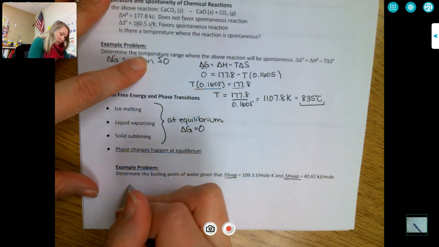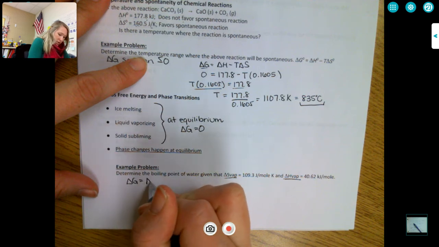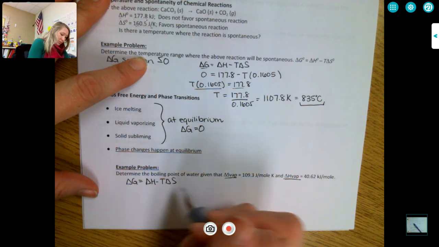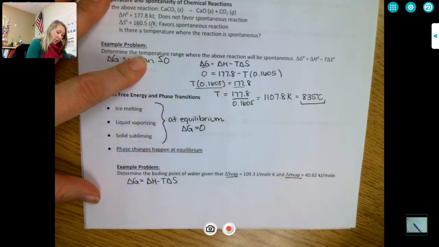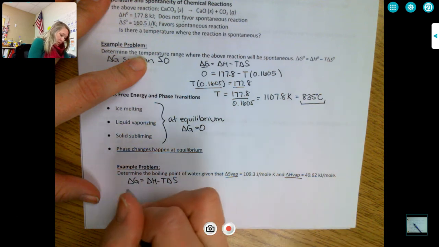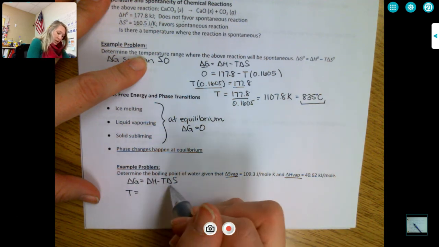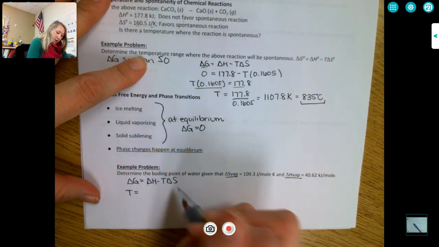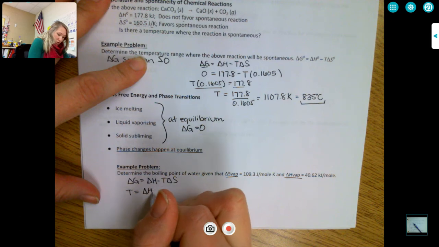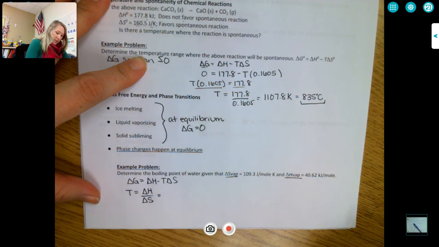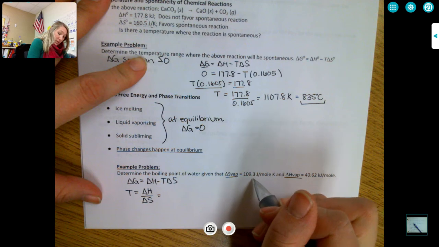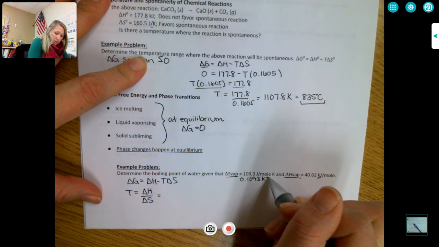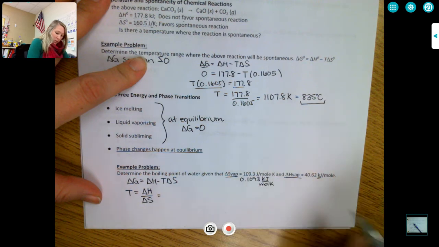So again, delta G equals delta H minus T delta S. If delta G is 0 and I'm looking for the temperature, when I rearrange this equation, the T term slides over, so I add it to both sides and then divide by my delta S. So temperature is delta H over delta S. Again, we want these to be in the same unit, both in kilojoules, so delta S will be 0.1093 kilojoules per mole Kelvin.